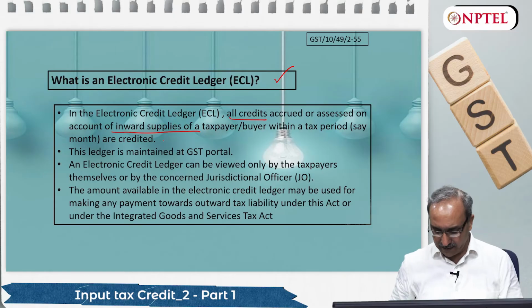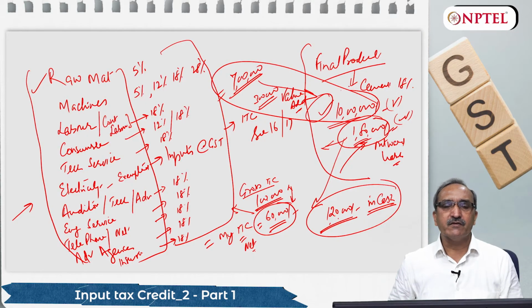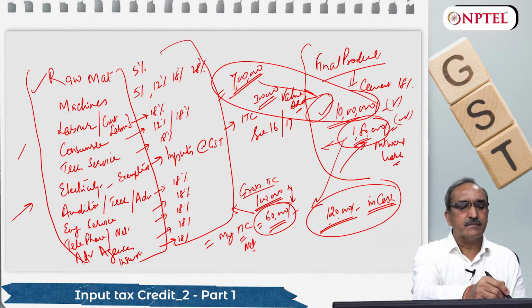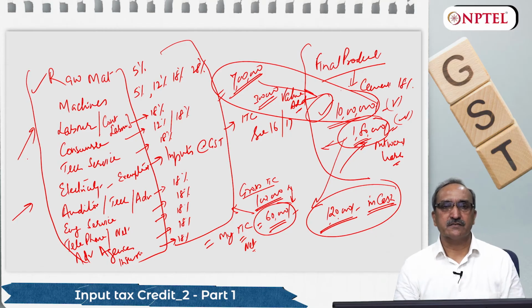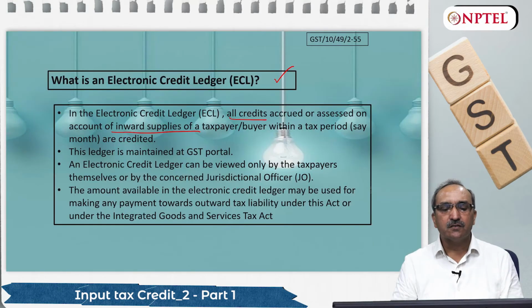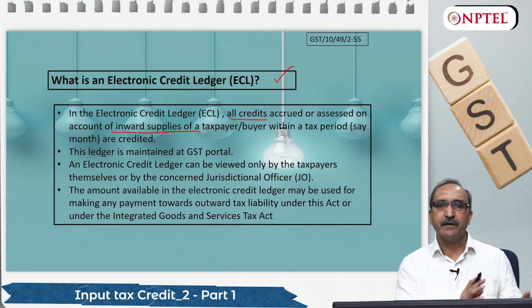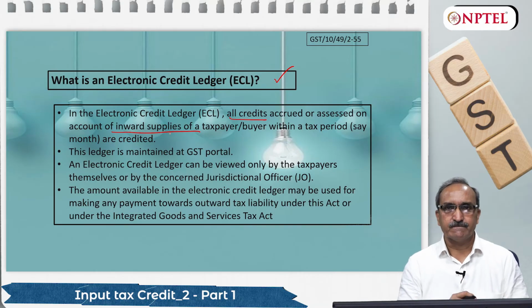And inward supplies are, as I mentioned in my previous slide, raw material, machines, contractor labor, consumables, technical services, like this. All inward supplies are subject to GST, and whatever tax I have paid on my inward supplies is available to me as ITC within the tax period.